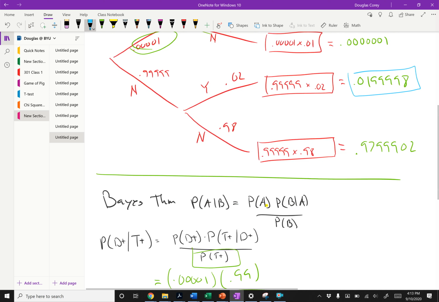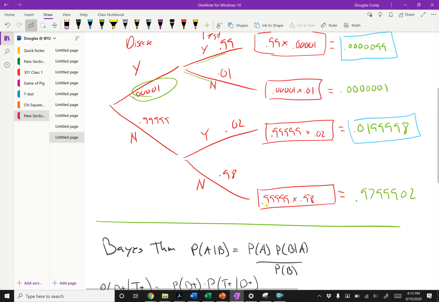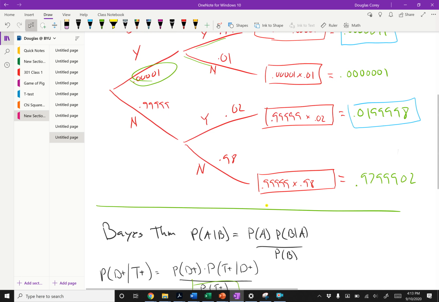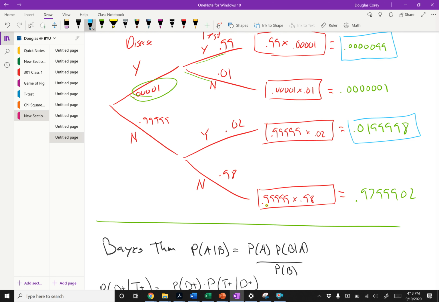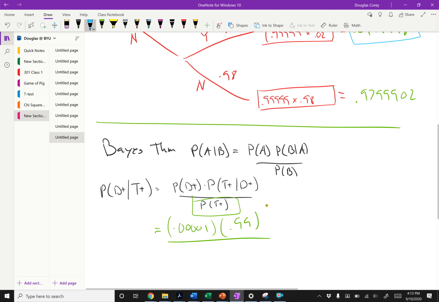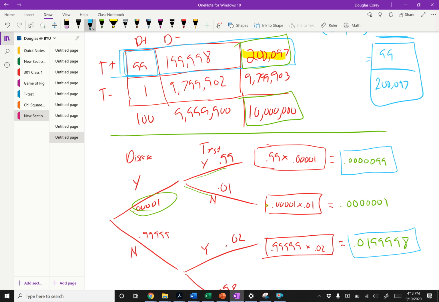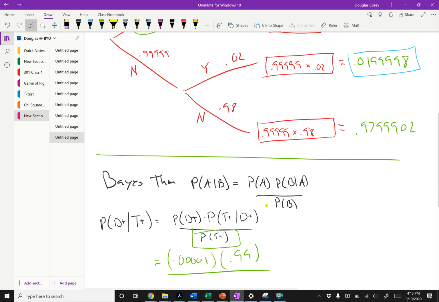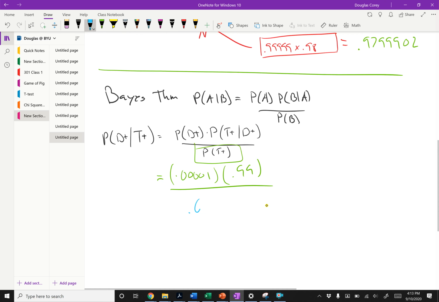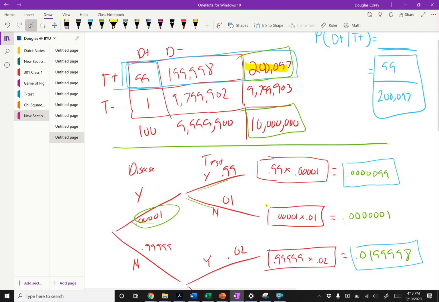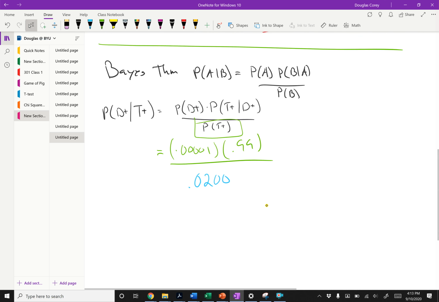I can add those up, and you do all that and you get 0.0200097.